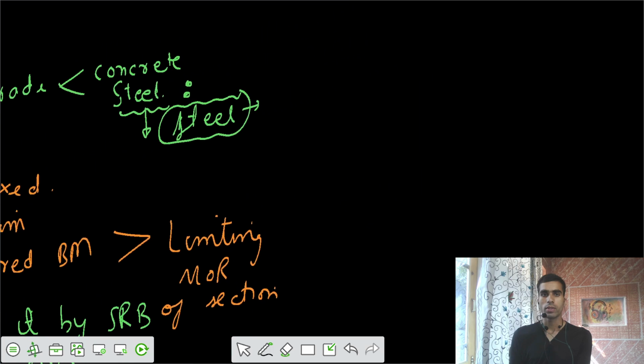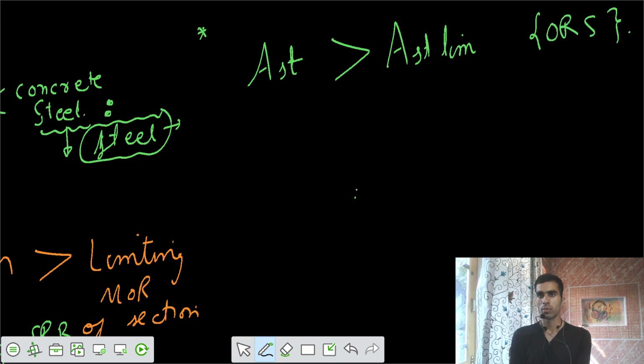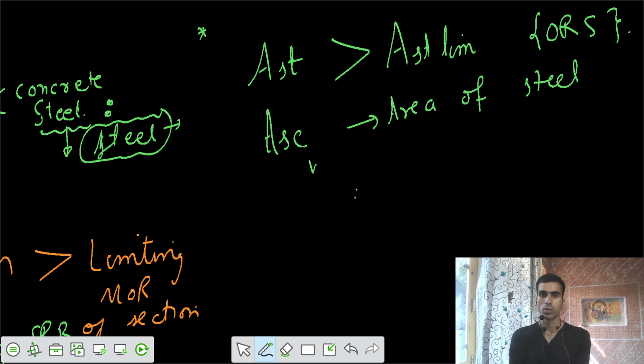In this case, we might be providing steel greater than AST limiting. But you might be saying that the structure would become ORS. Now we say that we don't only increase AST greater than AST limiting, we also add some area of steel in the compression zone.